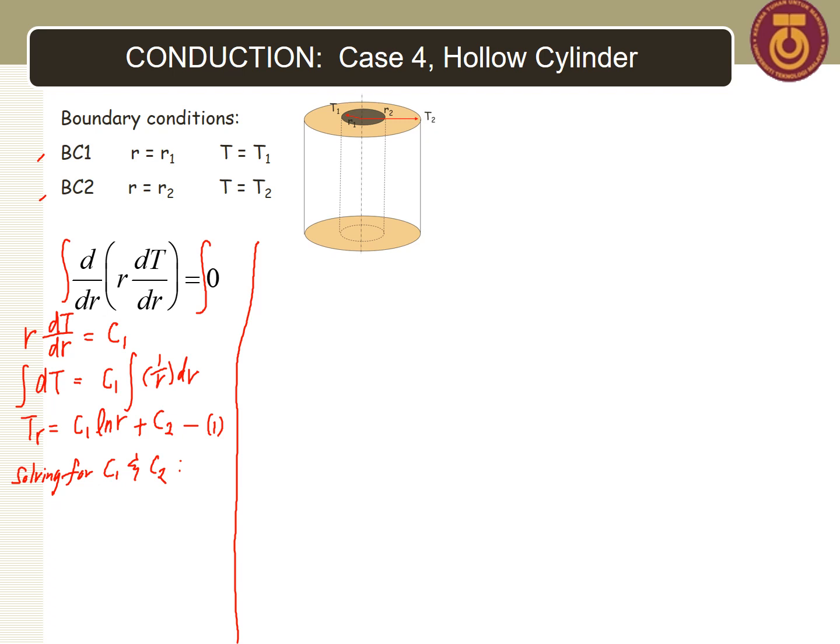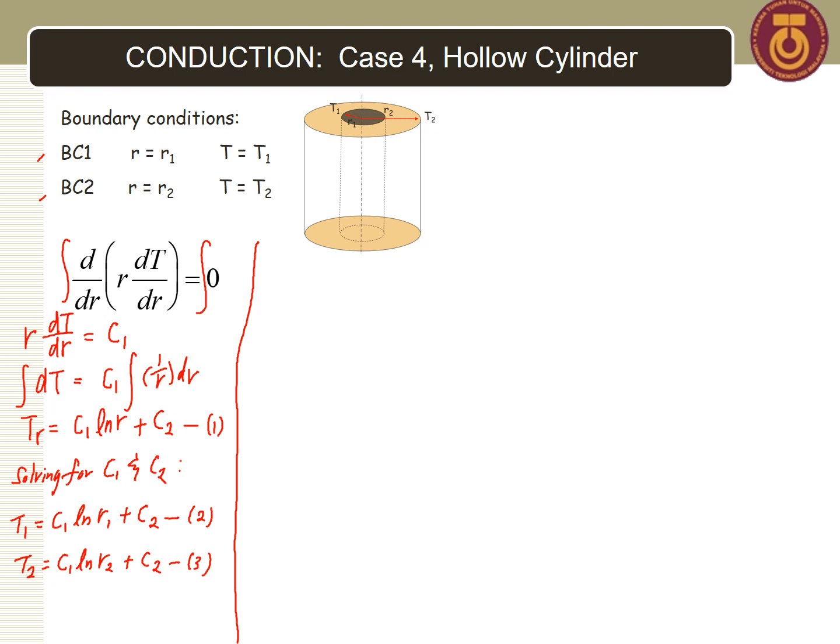So let's do that. T1 equals to c1 ln r1 plus c2. Okay, let's term this as equation number 2. And T2 equals to c1 ln r2 plus c2. Let's term it as equation number 3.